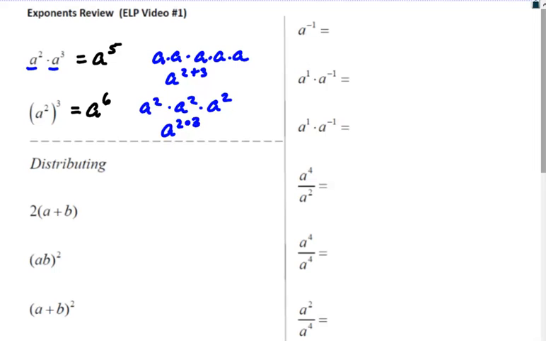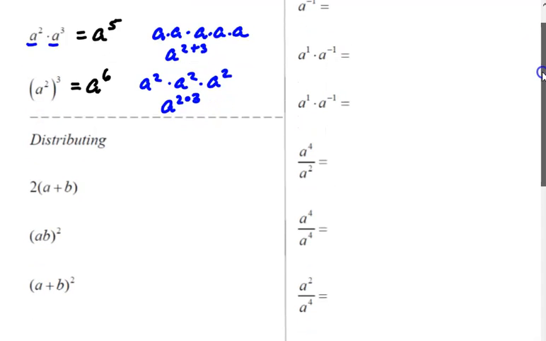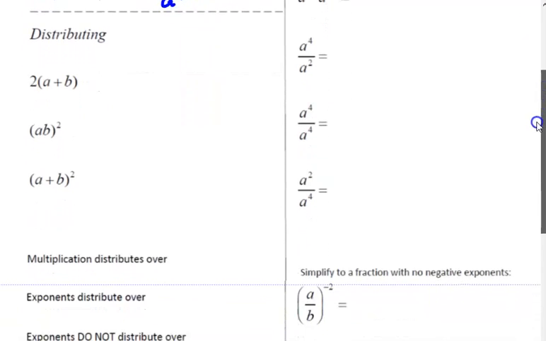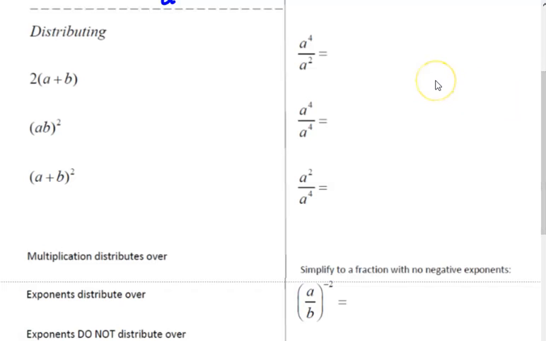So you multiply the exponents when you raise a power to a power because you're just multiplying that whole quantity times itself. So if you forget your exponent rules, just do a simple example like this to help you remember when to do what.